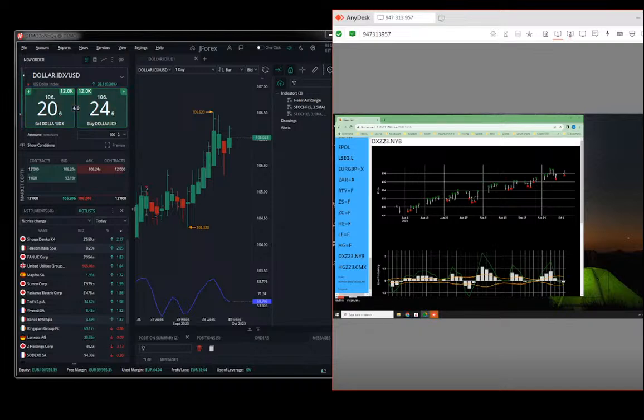There's a couple of different ways of doing options. One is they go with the theory that two objects can't be in the same place at the same time. What they mean by that is, say a product is the euro, and we know the euro is trading around the 105 area.